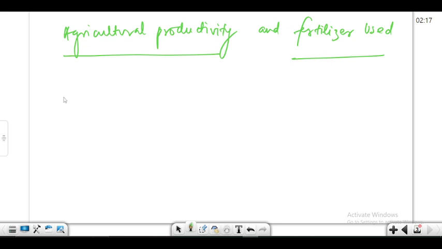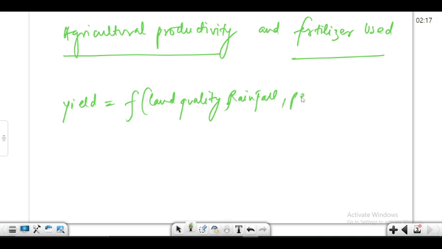We can form a model wherein your yield, representing your productivity, is a function of land quality, rainfall, pest control, fertilizer, etc. There might be a lot of factors affecting the amount of yield that you get from a particular area of land.